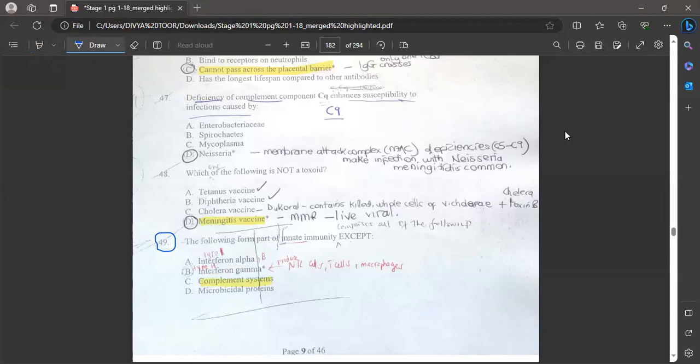For complement, according to the physiology textbook, it's part of the innate, not adaptive. Okay. I thought complement was part of the adaptive, but I'll confirm. From the book, let me just send a photo right now. It's listed as part of innate immunity. Let me just send this photo.